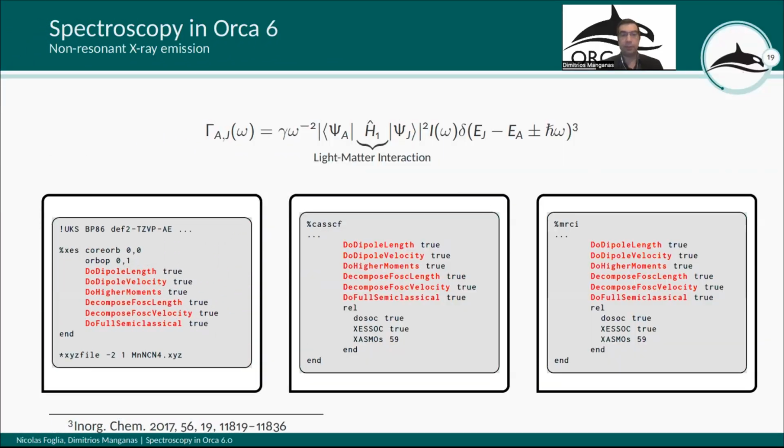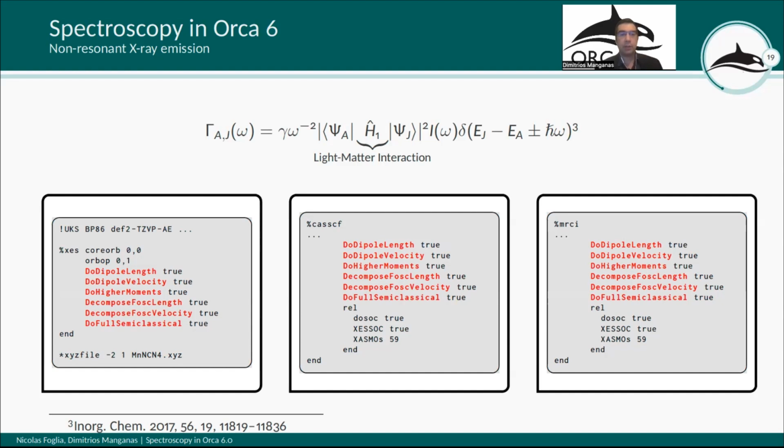Moving forward, in the exact same way, one may perform absorption or X-ray absorption spectroscopy in ORCA. One can also perform X-ray emission following the cross-section expression for the spontaneous emission.